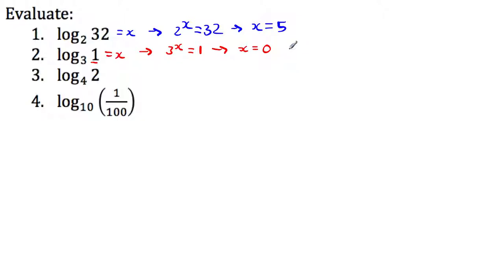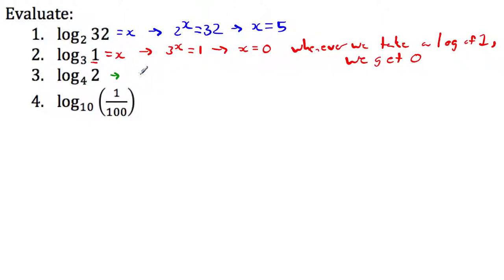So whenever we take a log of 1, we get 0. If you take the log of 1, you will get 0 no matter what the base is, because that's saying 3 to whatever is equal to 1.